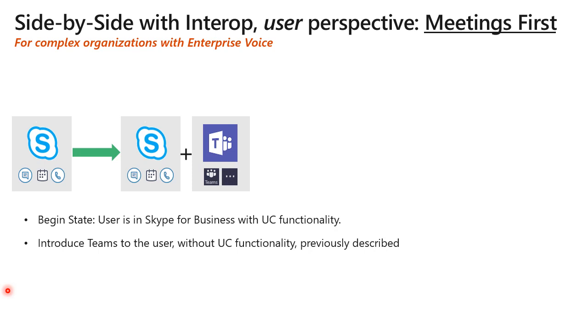And much like we talked about on the previous slide, yes, we could introduce Teams from the collaboration perspective. But sometimes organizations might not be prepared for that collaboration workload just yet. Sometimes compliance gets in the way.